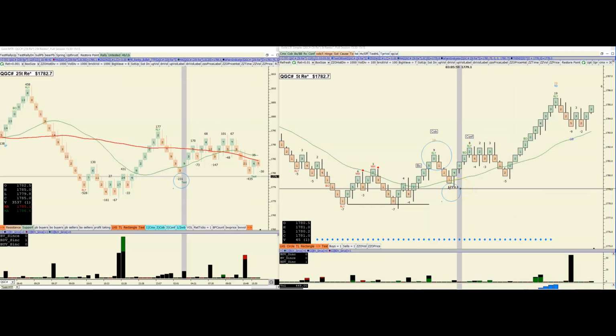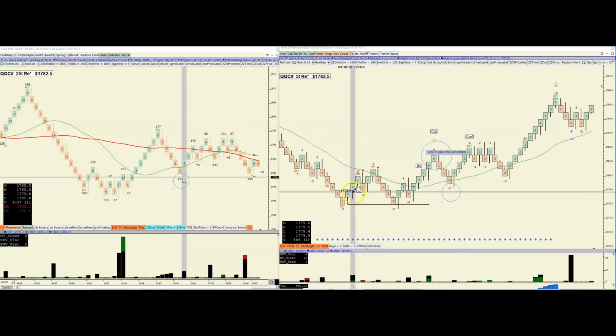So the original question is, how do you know this is not just a bullshit buying wave, and this is a sign of strength? You know because it does have a volume off the bottom, and this is where judgment is important, folks.